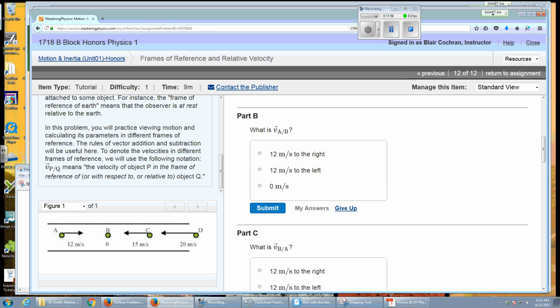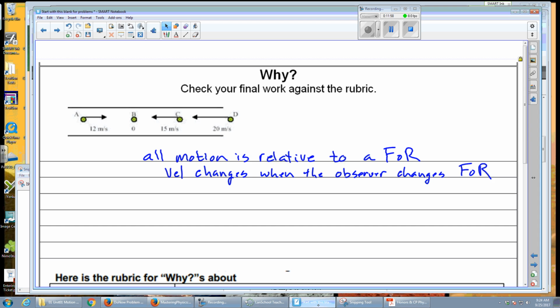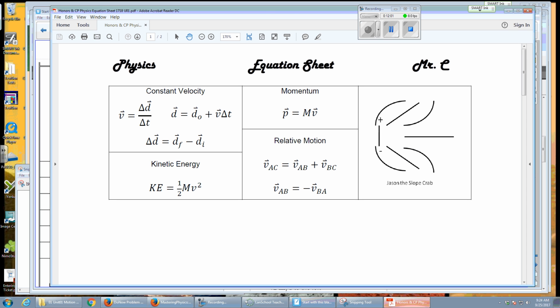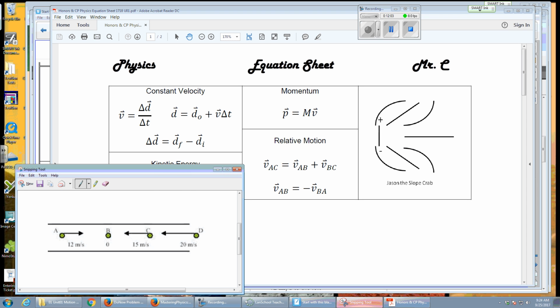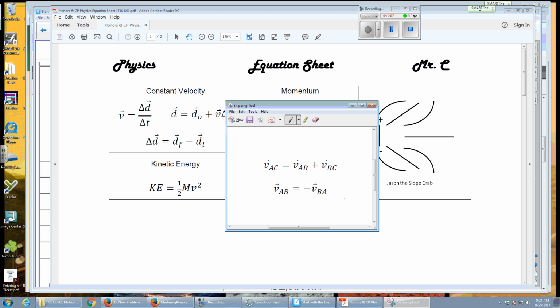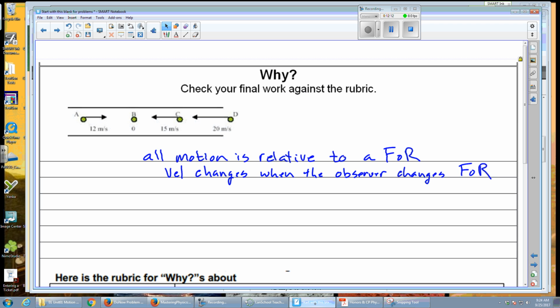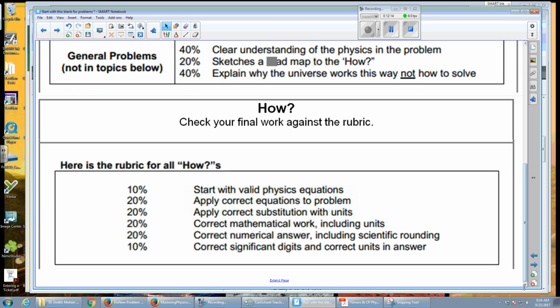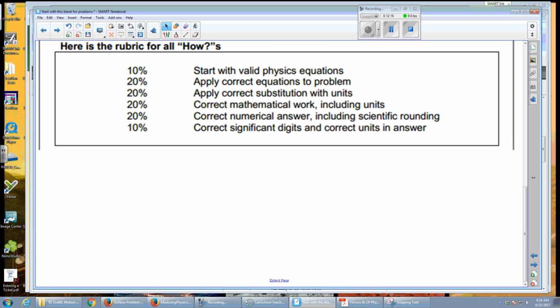I would like to easily have my relative motion equations, so let's grab those. And then I want to go here. Which one is faced?